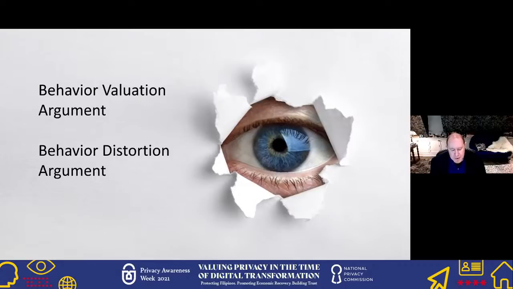Now, on the other side are folks that argue what I call the behavior distortion argument. This argument takes the other position, that the attitudes control, not the behavior, that we should look at the attitudes rather than what the behavior is showing us. They say that the behavior isn't accurate to measure how people value privacy.